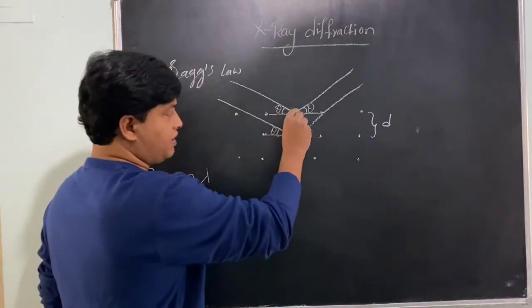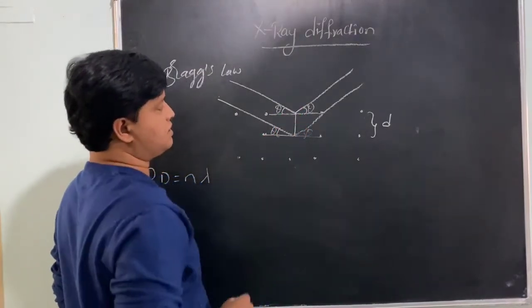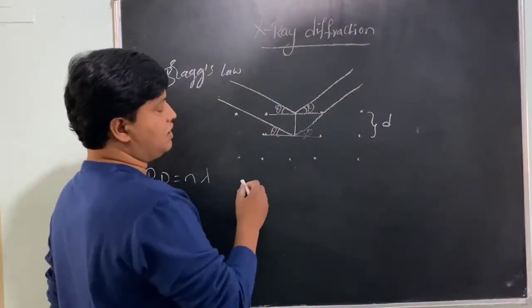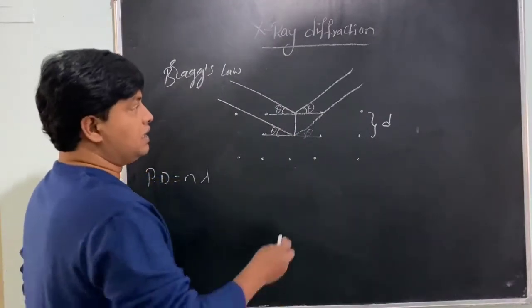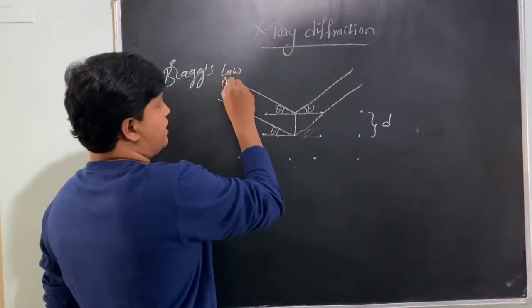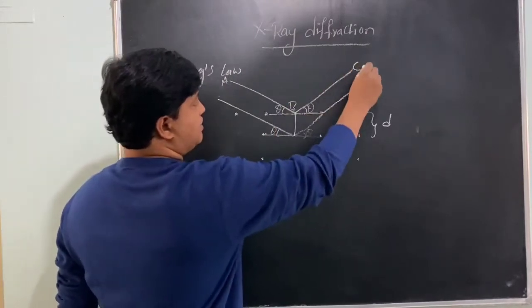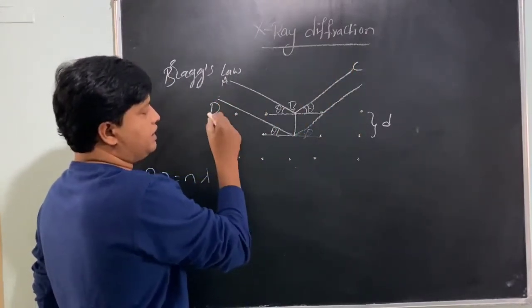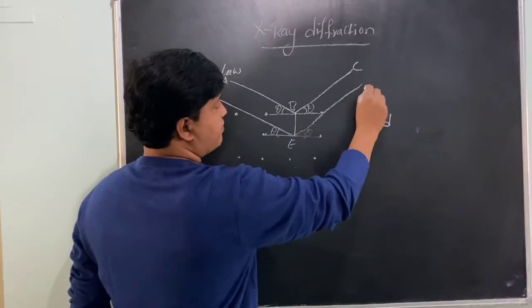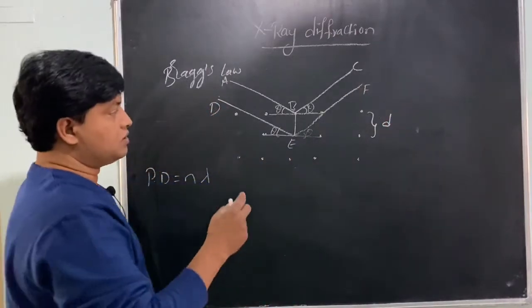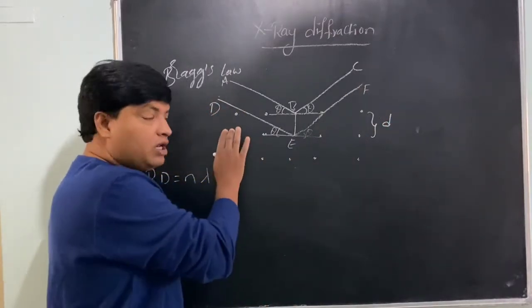Now we have a distance here, that is the interplanar distance. Before giving the coordinates, let's say this is A, B and C, ray 1, D, E and F, ray 2. So we are studying only two planes here.